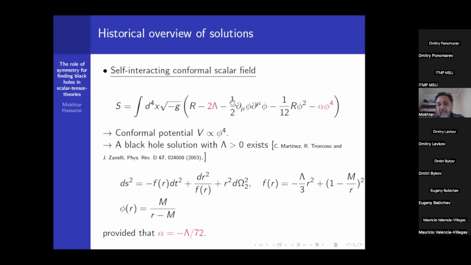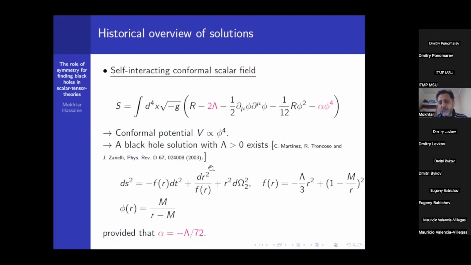In this case, all this part is conformally invariant. This potential does not break the conformal invariance. It is actually the unique potential that is compatible with conformal invariance in 4 dimensions. In this case, one can show that there is a black hole solution, provided you introduce at the same time a cosmological constant that has to be positive.